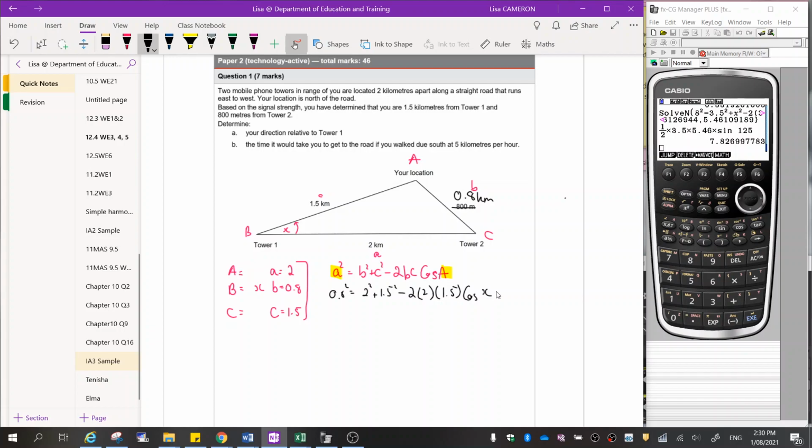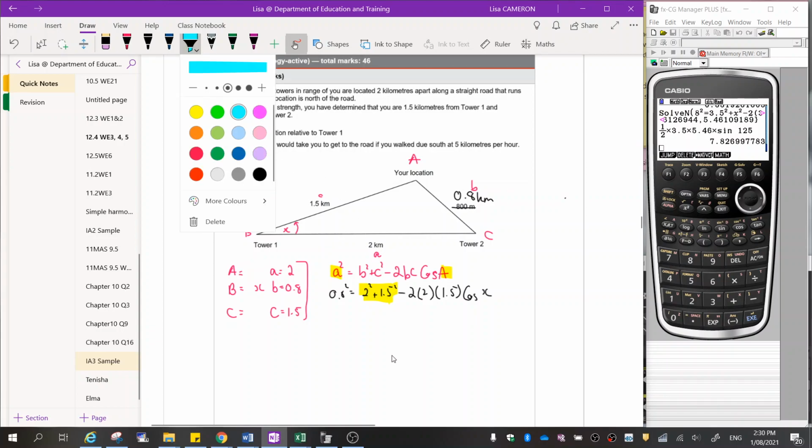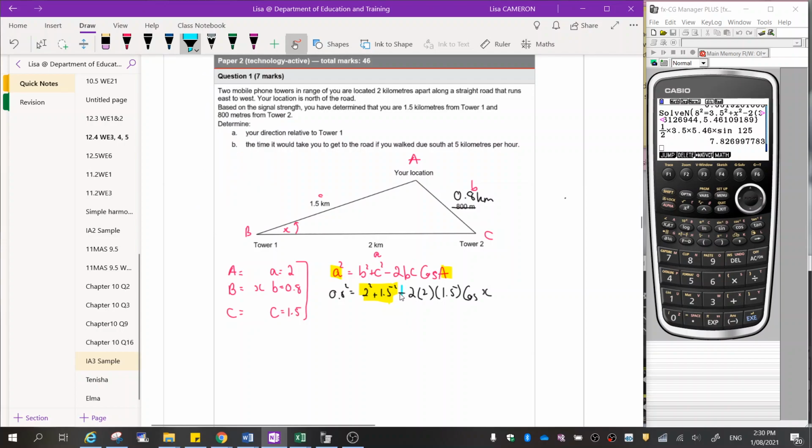Now, normally we would rearrange it, and you have to be careful when you're rearranging, because these two terms will come across first. Then you would divide by all of this. But because this is technology active, we're going to use SolveN, or you can just use Solve at this point. So let's go over here to our calculator.